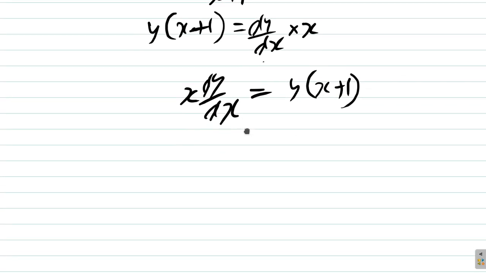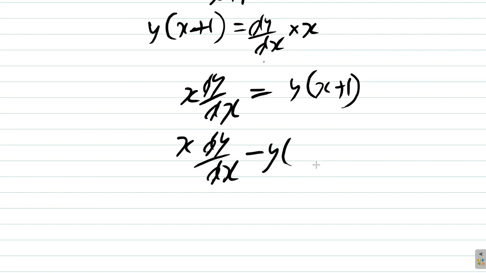Alright? What we could do is say x dy by dx, subtract y x plus 1 from both sides. So we have minus y x plus 1 equals 0. So we have our differential equation there. Alright, I'll see you in the next video.